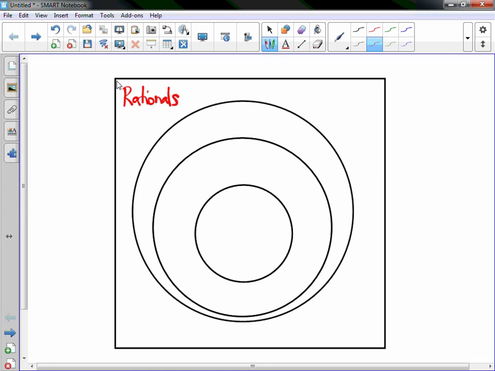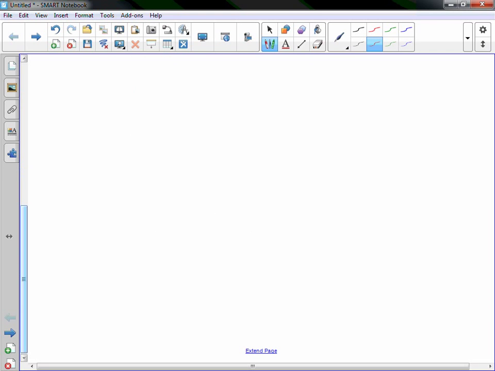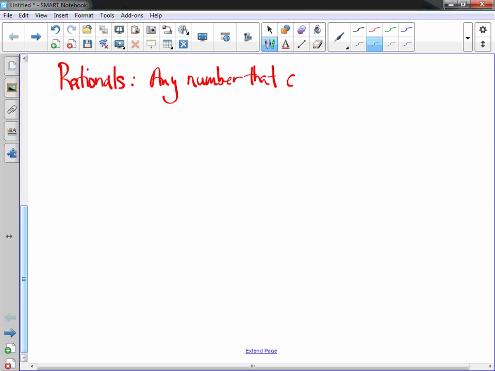Well, what is a rational number? Let's go down below and we'll put our definitions down here. Rational numbers are any number that can be written as a fraction.